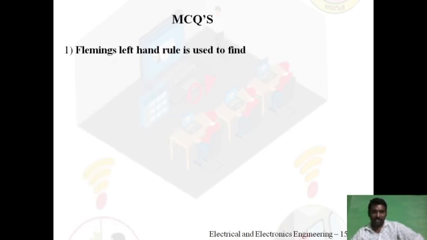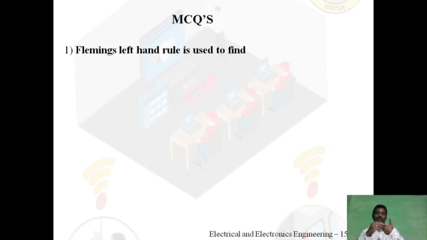So based on these concepts we have discussed, let us analyze some of the MCQs, that is, multiple choice questions. The Fleming's left hand rule, the first one, is used to find... Right hand rule we have seen. If you observe the left hand rule, as we discussed in session 1, it is applied to DC motors.